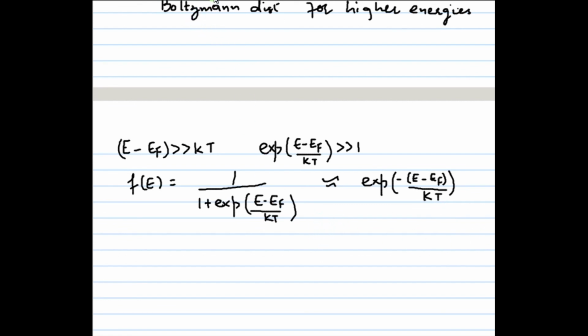So it looks like, if the distributions are like this, this one is 1 upon 2, this is 1 and this is 0, somewhere here the Fermi-Dirac changes to the Boltzmann approximation.